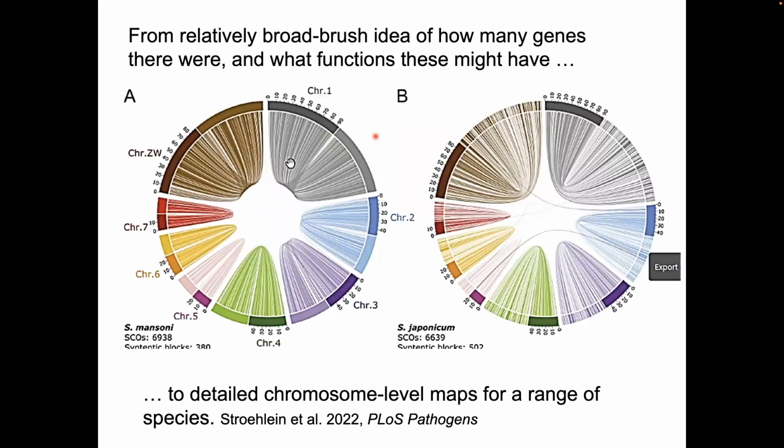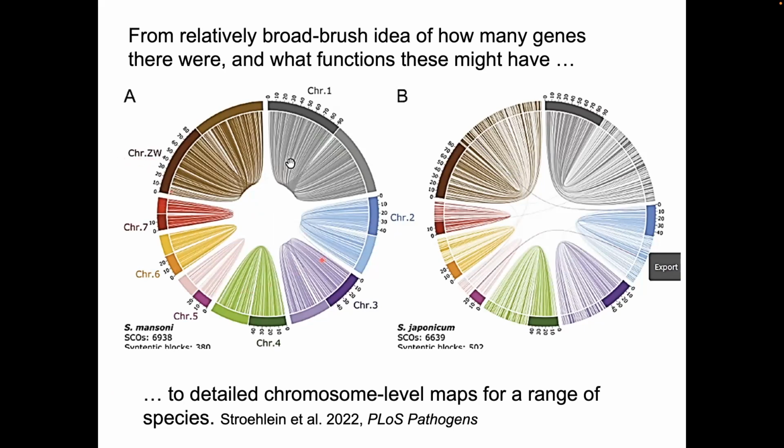These are only some chromosome level maps for a range of Schistosoma species published last year. So Schistosoma species have 7 somatic chromosomes, 7 pairs, and they have 2 sex chromosomes. These are the Z and W chromosomes. Unlike mammals, the females have a Z and a W chromosome, and the males have 2 Z chromosomes.